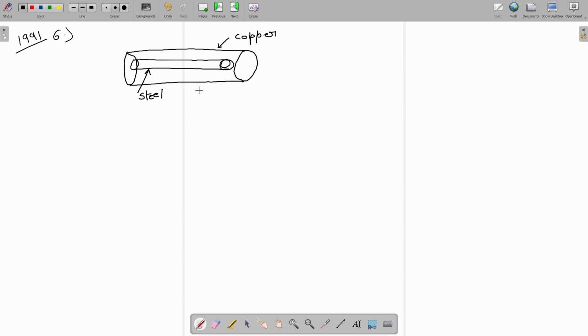Okay. Now what we are going to do is convert this diagram, but we are keeping the principle the same. What I am trying to say is that we are going to take a composite section, this is the same composite section where this is the copper and this is the steel.